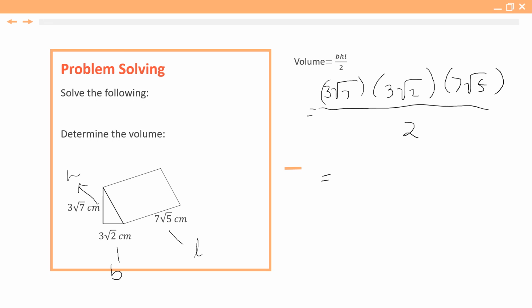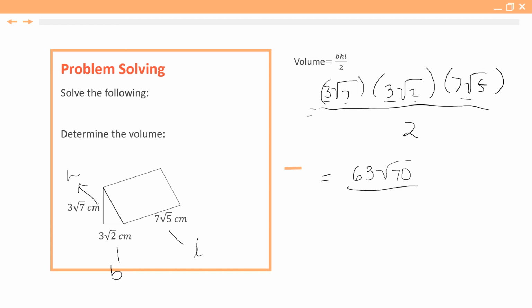What we need to do is just multiply everything. Remember, when we are multiplying radicals, you just have to multiply all numbers. Let's start with this. 3 times 3 times 3, that's 9 times 7 is 63. And square root of 7 times 2, 14. 14 times 5 is 70.